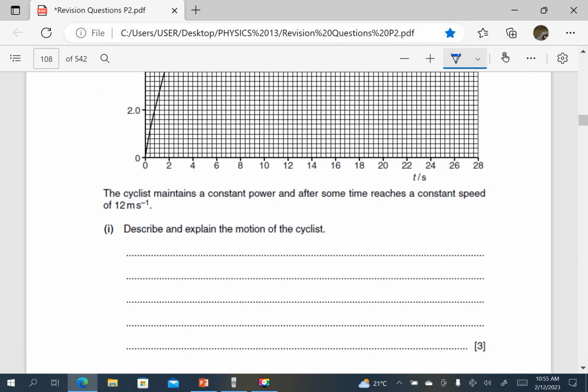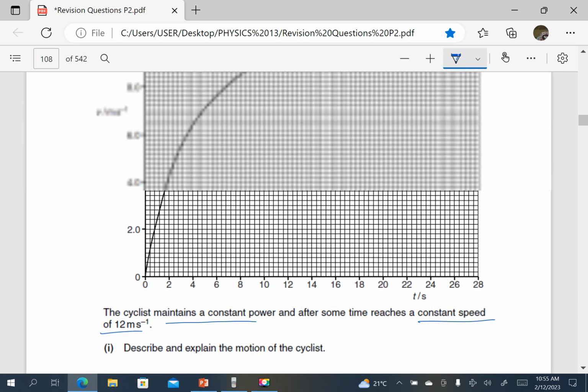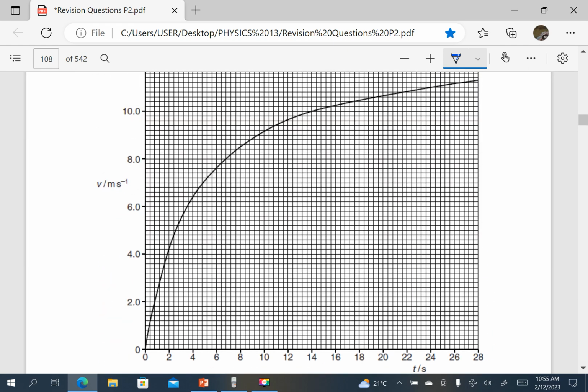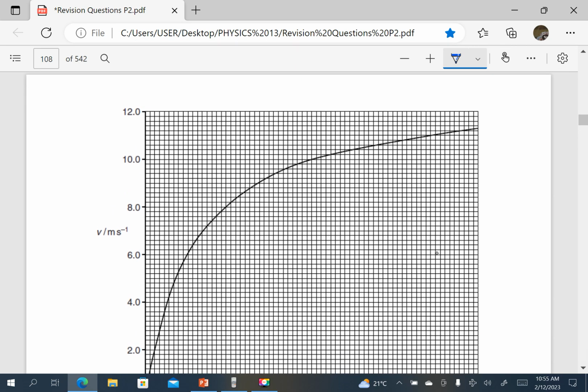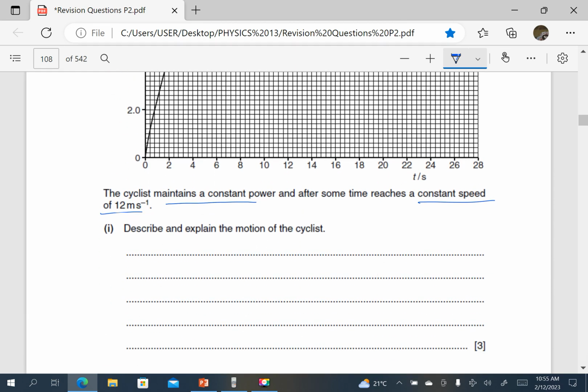Describe and explain the motion of the cyclist. The cyclist maintains a constant power and after some time reaches a constant speed of 12 meters per second. That is later on. It is not shown on the graph. Describe and explain the motion of the cyclist.